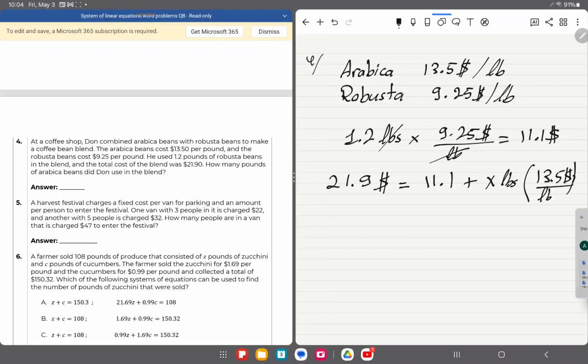So I need to check how many pounds of Arabica beans he used.